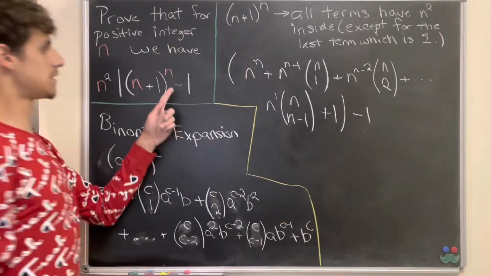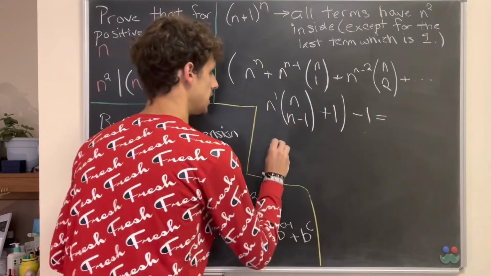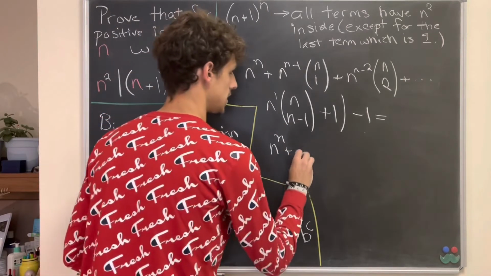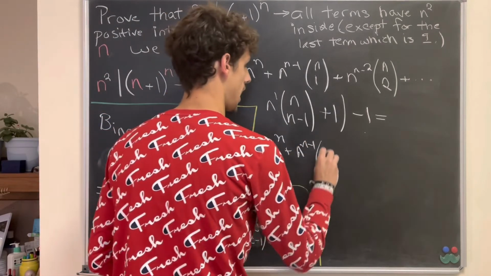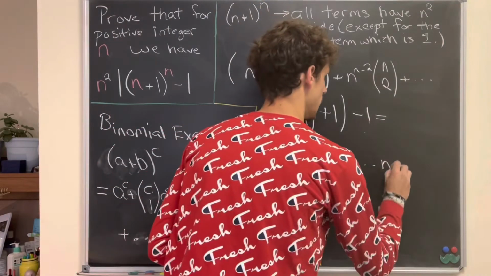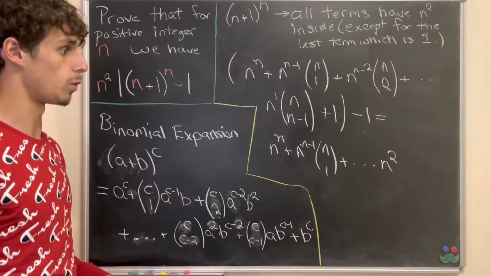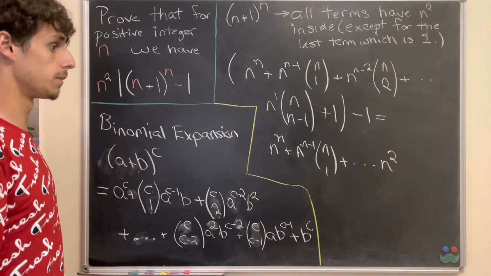Minus 1, that's this minus 1 here, is equal to n to the n plus n to the n minus 1 times n choose 1 all the way down to n squared. That's this term here, and we proved that that term is n squared on the last board.